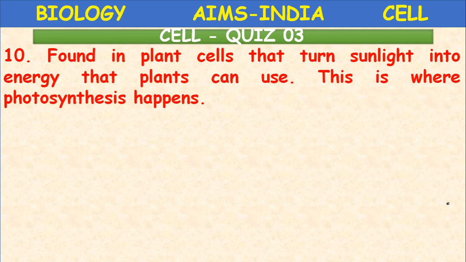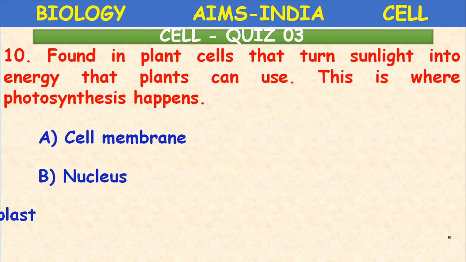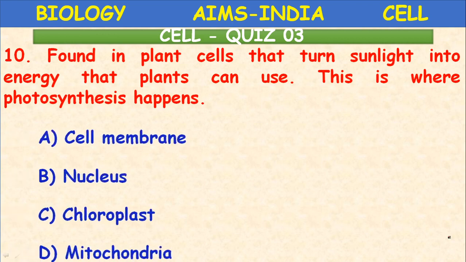Found in the plant cells that turn sunlight into energy that plants can use. This is where photosynthesis happens. The organelle present in the plant cells which turns sunlight into chemical energy. That process is called photosynthesis.